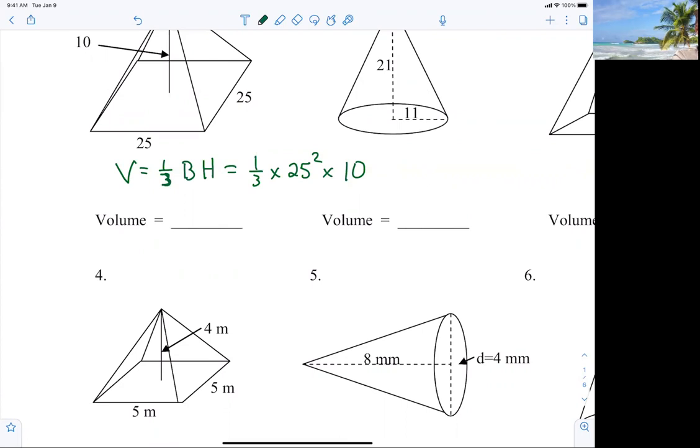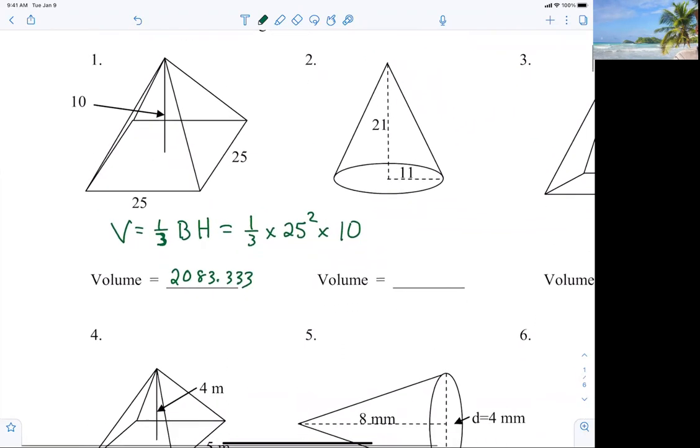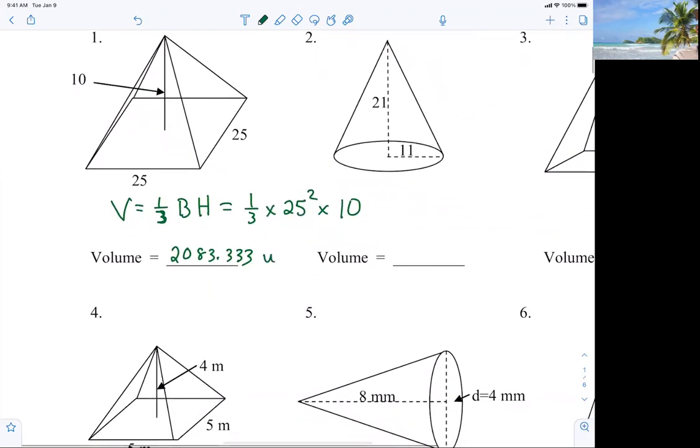What is it? 2,833? Okay. 2083.333. We'll just do that. And there's no units here, so we're going to do units cubed.